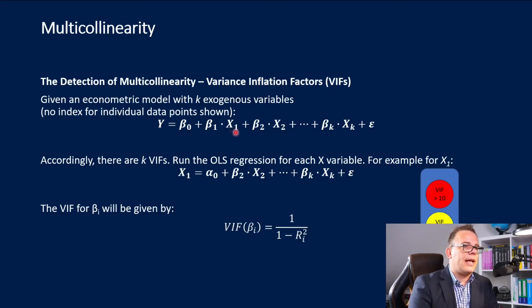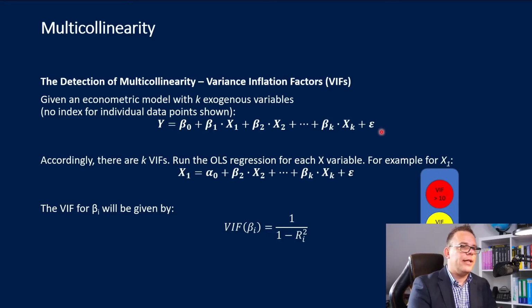So we have an x1, we have an x2, up to xk, and for each x we have a beta factor to estimate. And of course we have a beta 0, that's our constant, our intercept here. If now x1 and x2 are highly correlated, they have something in common, even controlled for all other variables in the system.